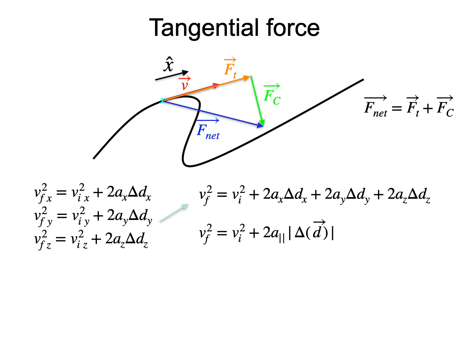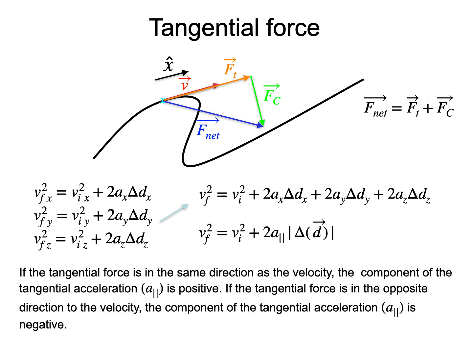Notice that delta dx is now equal to the magnitude of the tiny displacement vector. If the tangential force is in the same direction as the velocity, the component of the tangential acceleration, a parallel, is positive. If the tangential force is in the direction opposite to the velocity, the component of the tangential acceleration, a parallel, is negative.